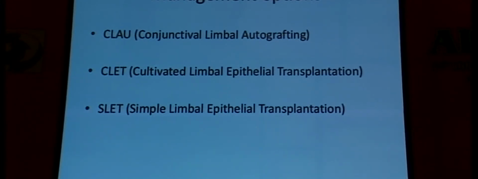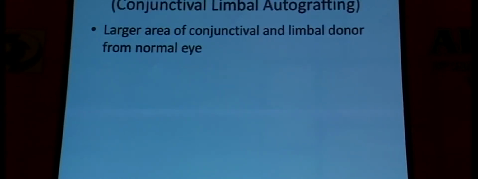Then came CLET, cultivated limbal epithelial transplantation, wherein ex vivo cultivation of limbal stem cells from the normal eye was done, a 2-stage procedure, and the regenerated epithelial sheet was transplanted over to the affected eye. And finally came SLET, or simple limbal epithelial transplantation.